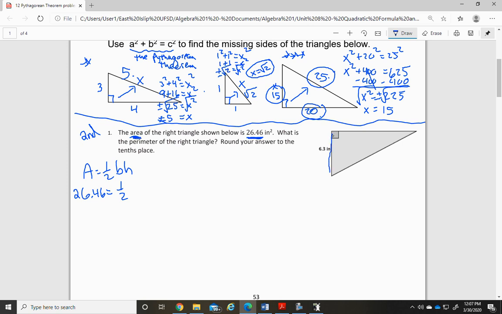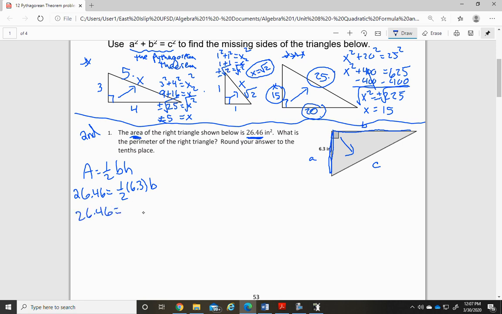All I have is one of them. I guess I could call this the height of the triangle, and over here is the base of the triangle. So I need to substitute in that 6.3, and I'll use a B for base, I guess. It actually could be side B, because C is always across from the right angle.